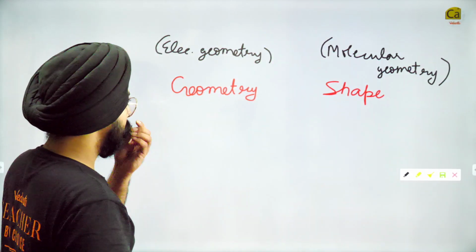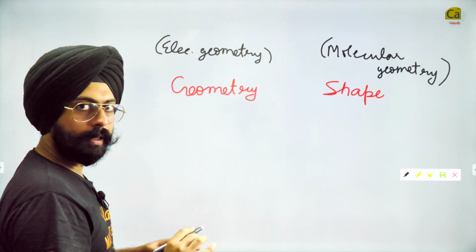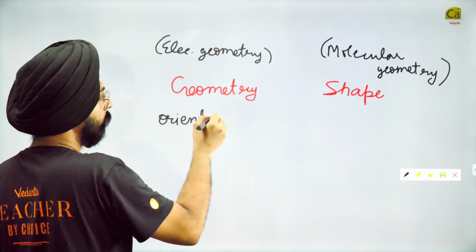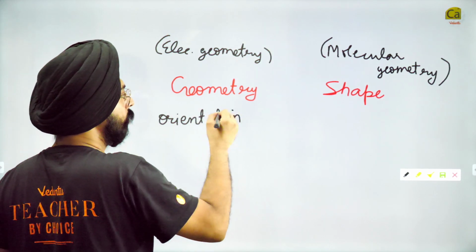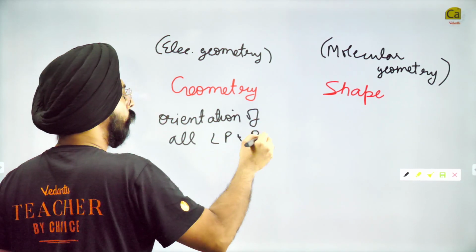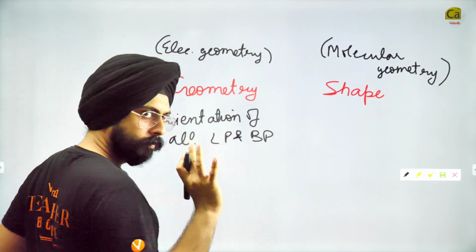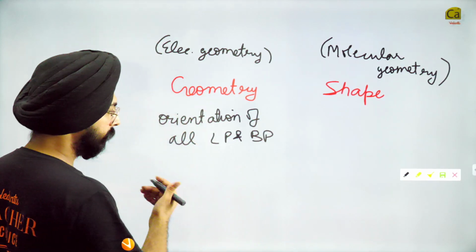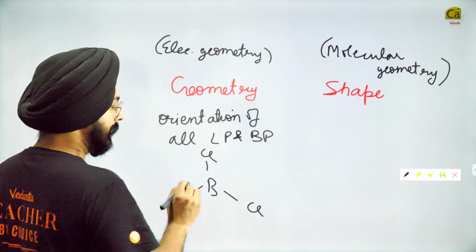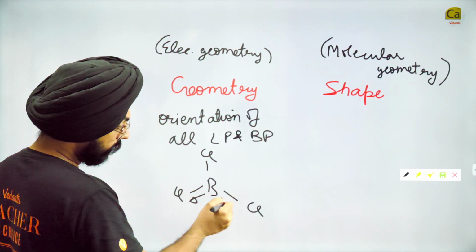Fine. So my dear friends, what does this mean? Electronic geometry is essentially the orientation of all the lone pairs and bond pairs taken together. So for example, if I take the case of BCl3, the electron pairs are in this direction, and this direction.